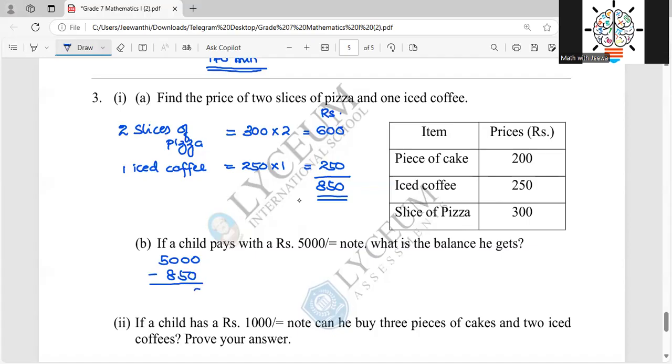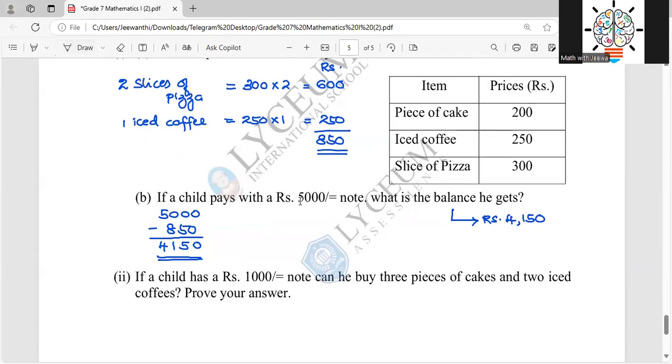So then you have 0, 5, 1, 4, right? So what's the balance he gets? That is rupees 4,150.